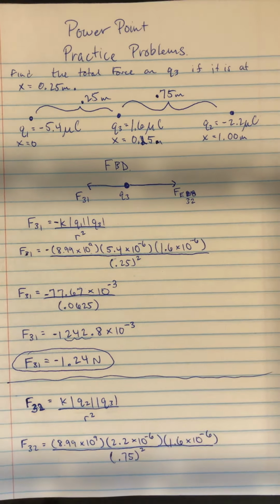But 8.99 times 10 to the 9th times 2.2 times 10 to the negative 6th times 1.6 times 10 to the negative 6th divided by 0.75 squared.